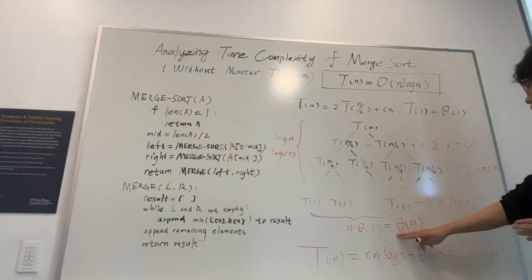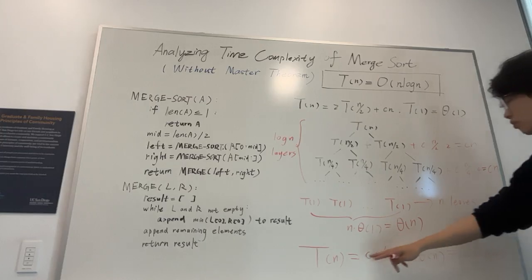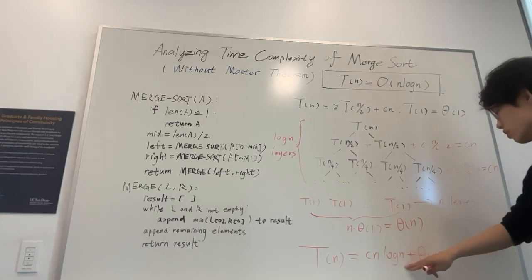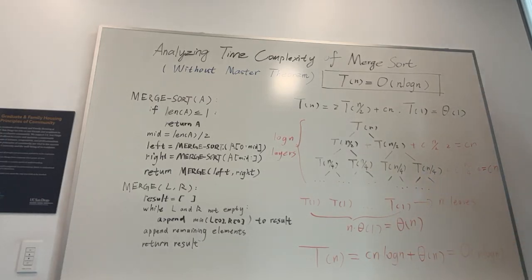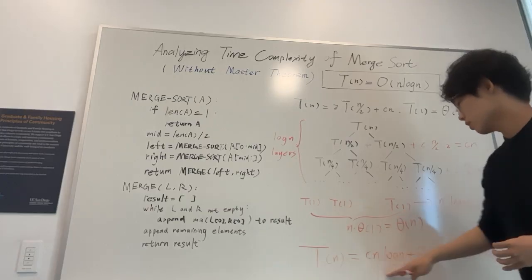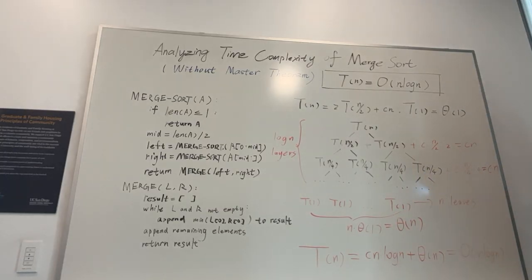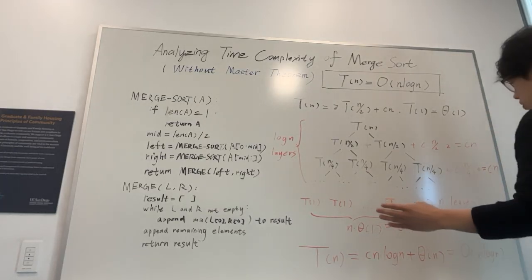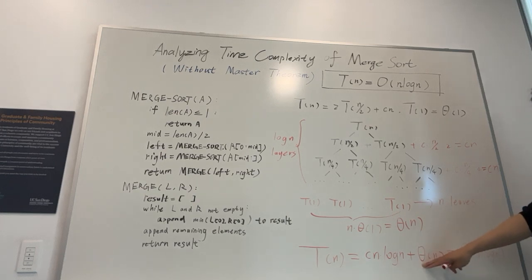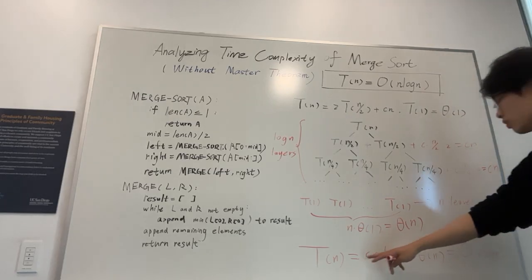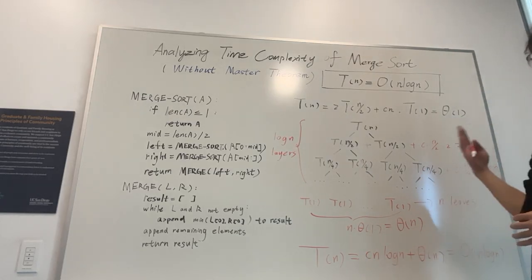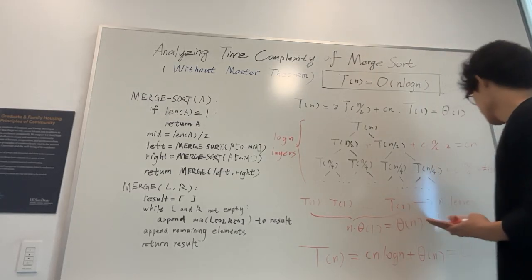Then we add theta of n together with c times n times log n, and we have a final time complexity here. What we are going to do is ignore the theta of n term, because it becomes not so significant compared to n times log n as n becomes very large, right?